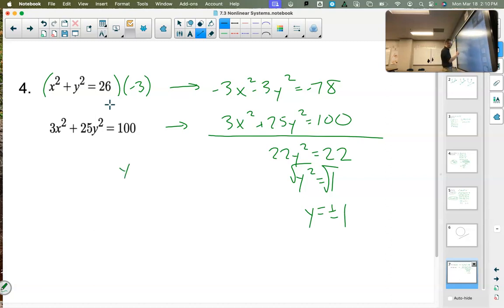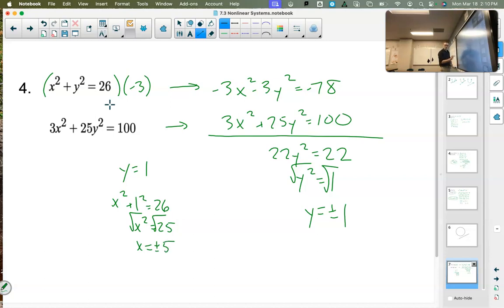So if y is 1, what do we get for x? Let me substitute 1 in here. X squared plus 1 squared equals 26. 1 squared is 1, subtracting 1, I get x squared equals 25. Solving for x, I get x equals plus or minus 5.